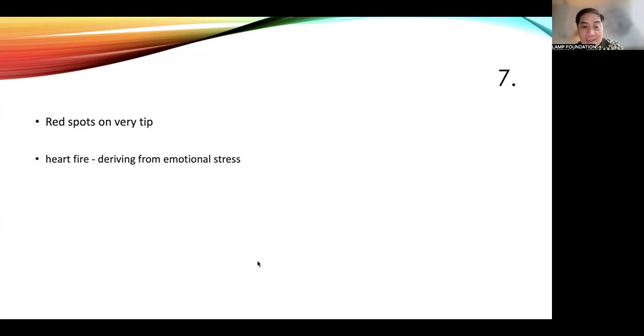Pero I'm sure na-discover nyo na rin yan. Okay. Paunti-unti po. Patingin ng dila. Ay, tuwang-tuwa ako pag nakita ko, may pulang-pula yung dulo. May mga spots. Okay? Heart fire, deriving from emotional stress. The tongue may not exactly be red. Actually, it's so easy for you, pag sinabi mo red spots, the tongue may not really be red at all. Okay?